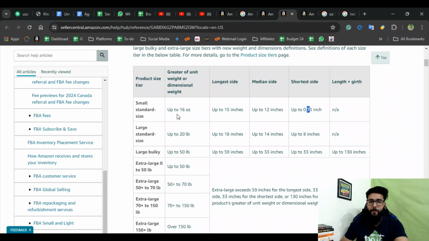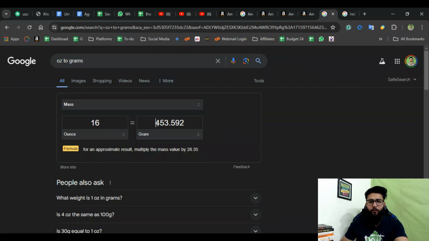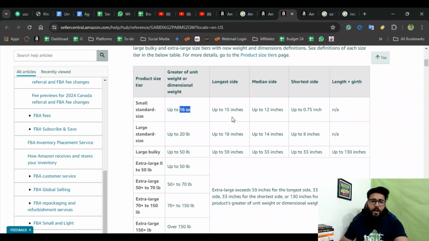And 16 ounces is almost 450 grams, or 1 pound of weight. And when it comes to large standard size, the weight category and the dimensions category we will be discussing here, and then I'll go through the next step.